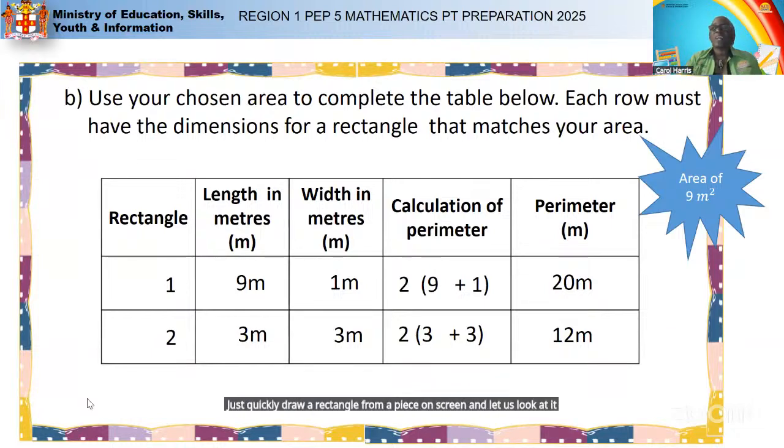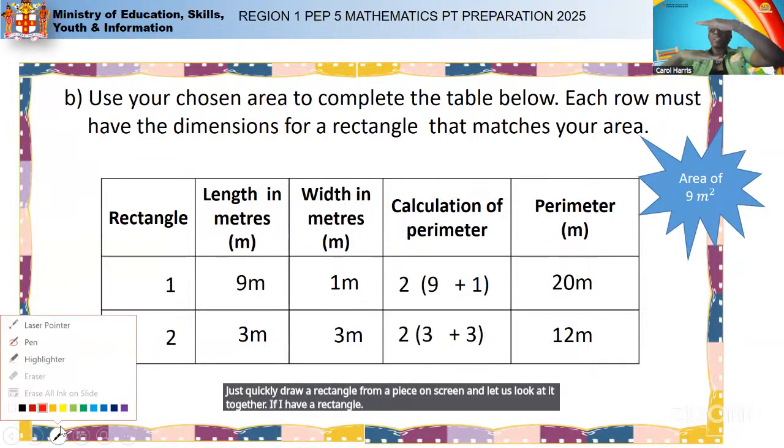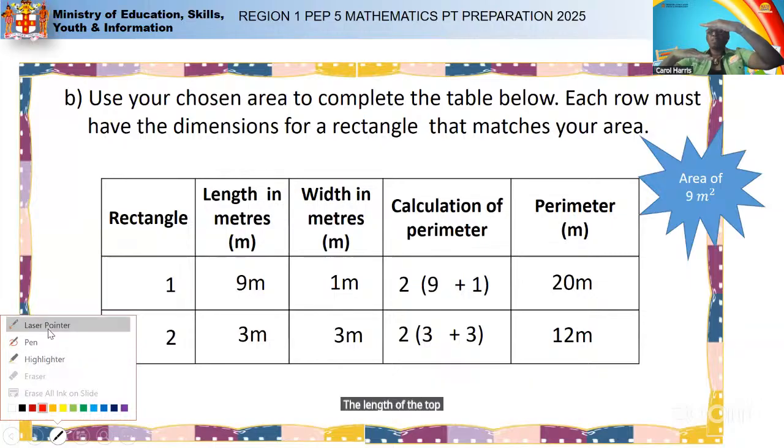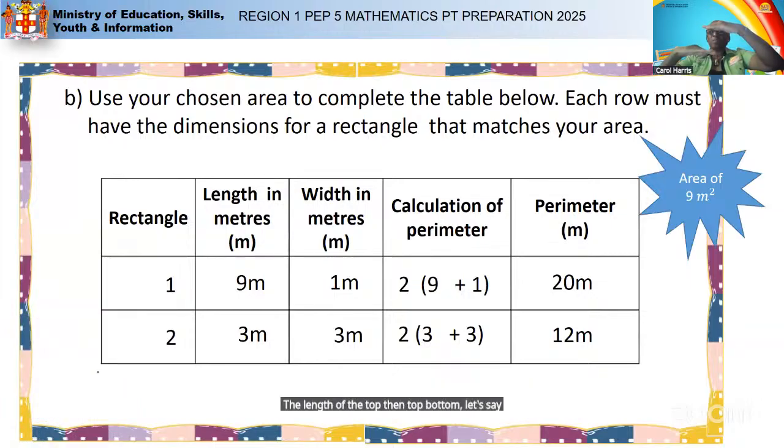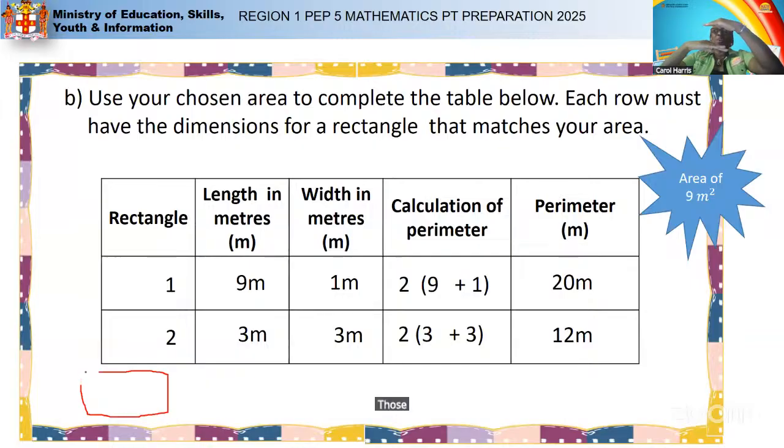If I have a rectangle, the length of the top and the length of the bottom would be parallel, correct? Those lengths have to be equal. Is that true for a square? Top and bottom equal? It sure is.